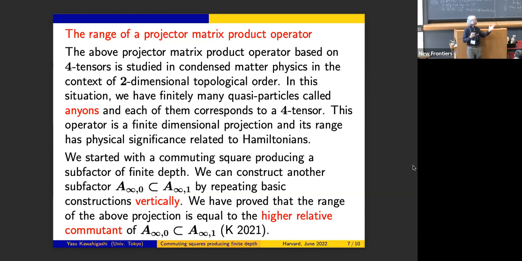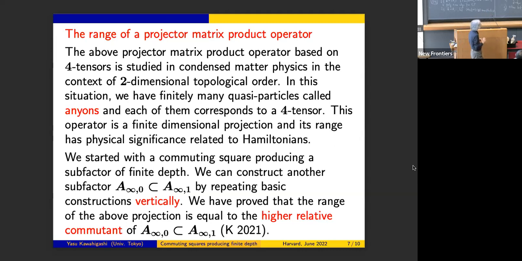Initially I had A 0 infinity and A 1 infinity for the horizontal basic construction, but for this one I now have A infinity 0 and A infinity 1. So from the initial commuting square, we have a vertical construction and a horizontal construction, and they are somehow related to each other.